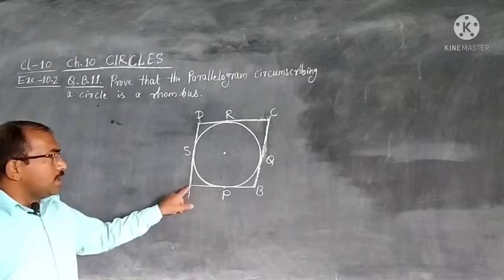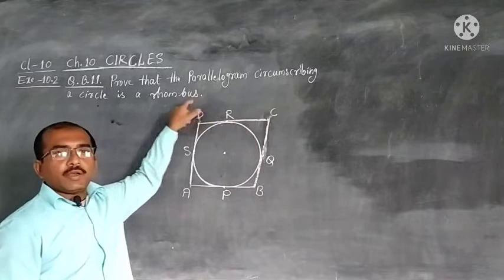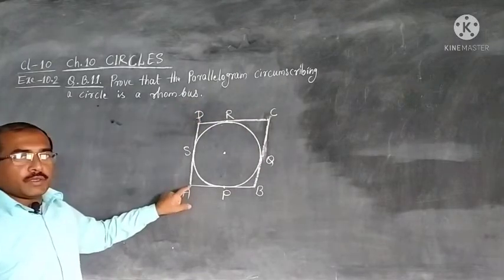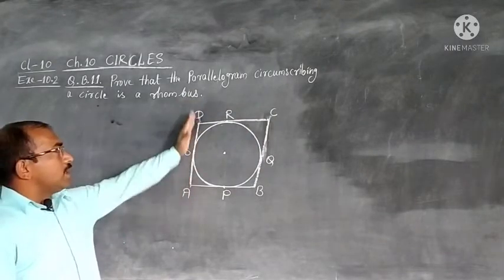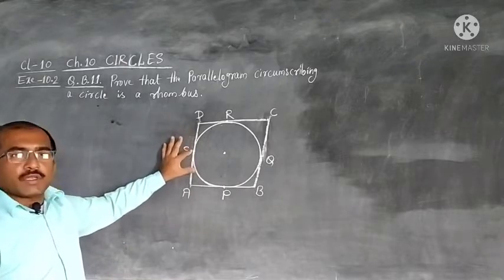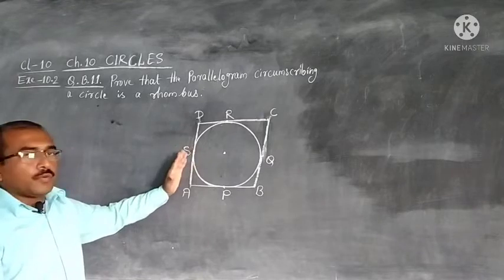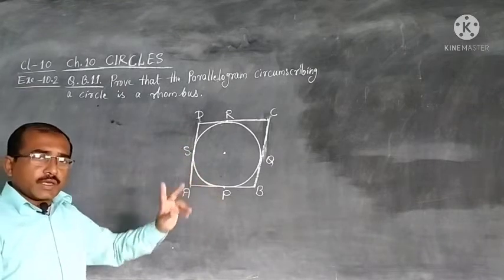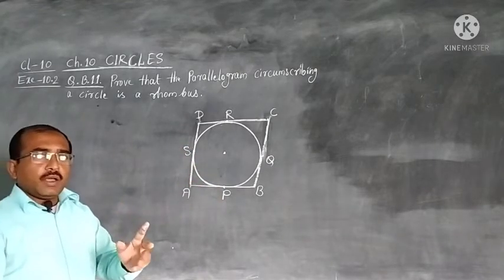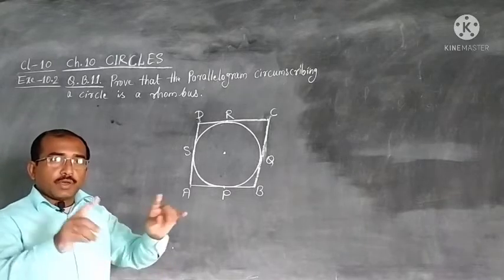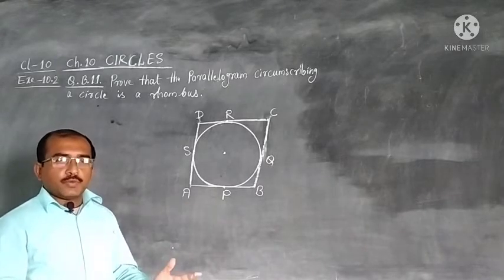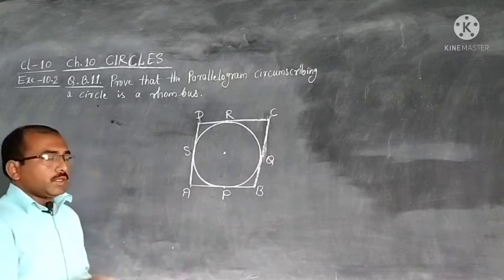Then we notice that each vertex of the parallelogram is an external point, and the side is touching the circle at a point. That means we can also use the tangent property: tangents drawn from an external point to a circle are equal. So these two properties, and also we know that in a rhombus all sides are equal, the third property. These three we are going to use in this solution.